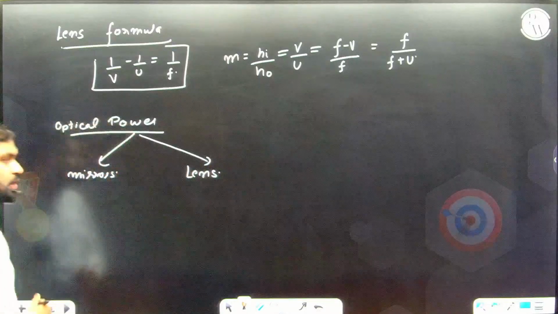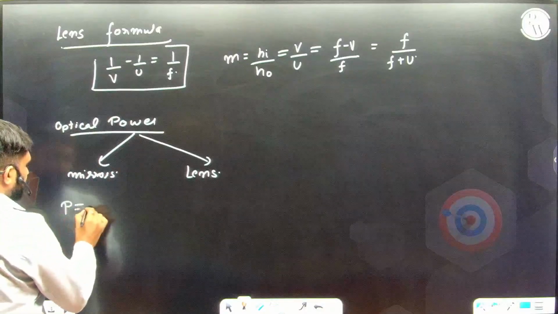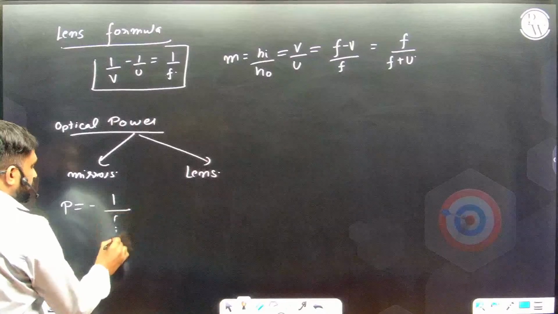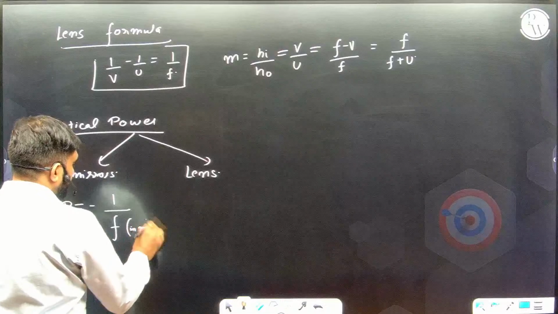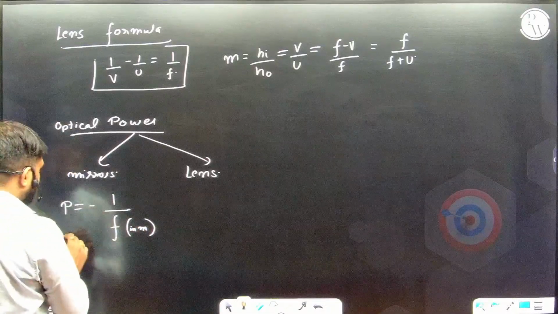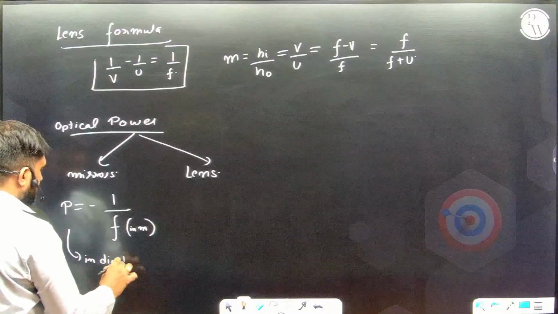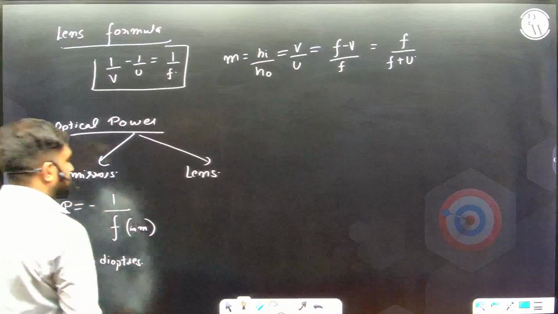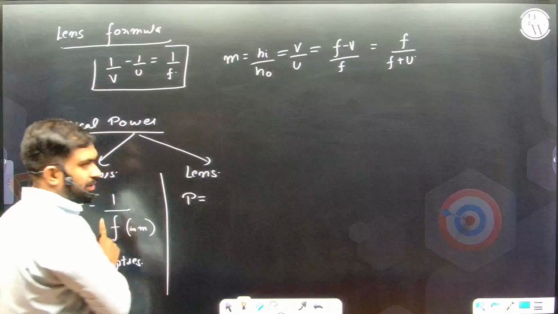For the mirrors, the optical power measured in diopter is represented as minus 1 upon focal length if it is in meters. If it is in centimeters, convert it first to meters and then you will get the answer. This power should come in diopters. For the lenses, the formula is same, just the sign again.